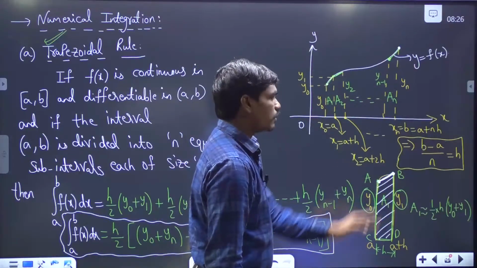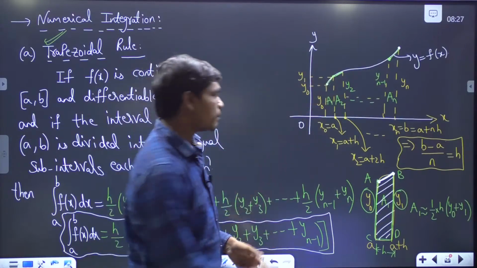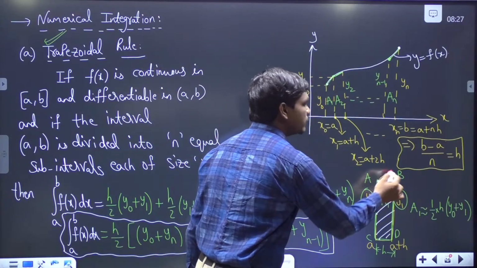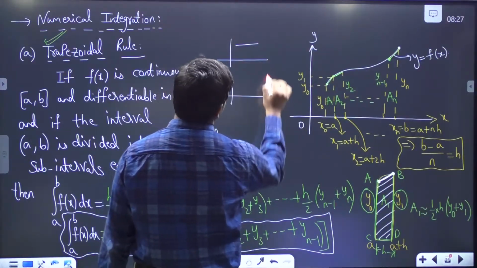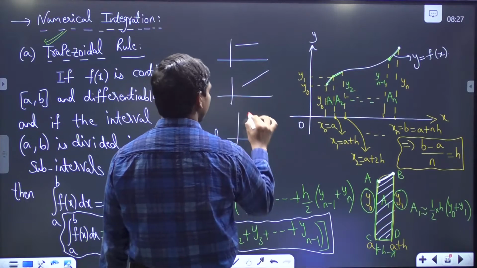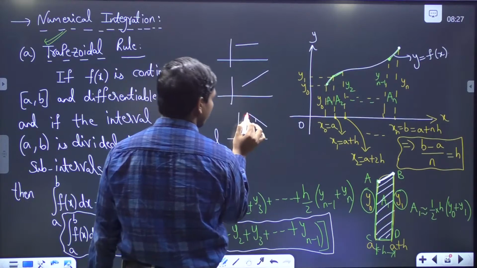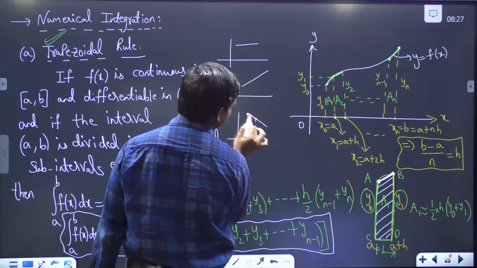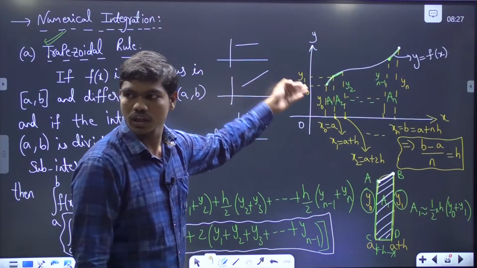Okay, and now practically speaking, if f of x is a constant or linear function, then what happens to this line? This curvature won't be there. It could be the case like this, or something like this, or maybe like this. So if you split this interval, then if you connect these 2 points by a straight line, again these two curves are the same. It's already a straight line, and the fitting polynomial is also a straight line.